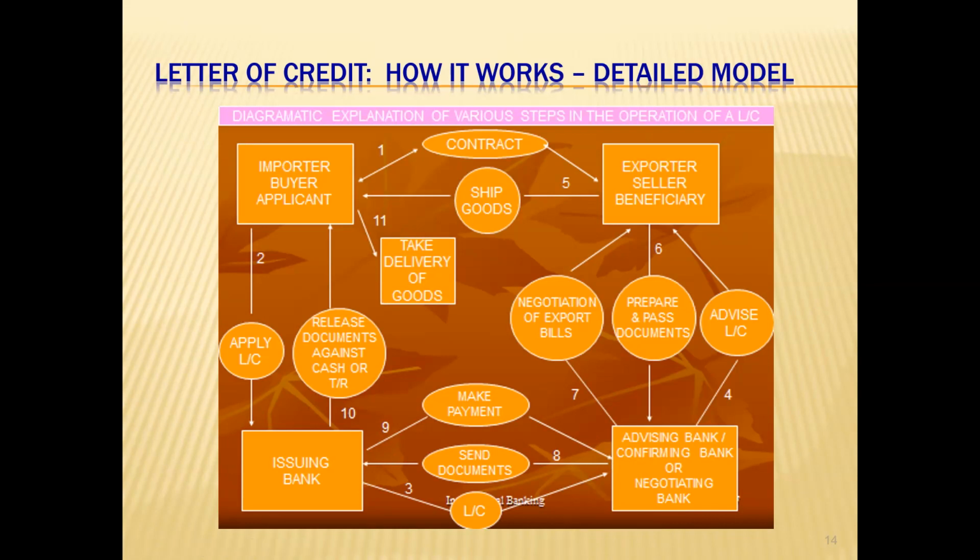So either it is paid in cash, liquidated, the letter of credit is liquidated in cash, or a wire transfer is sent. In this case, because it's international, the funds are made by transfer. Okay, and once the importer gets those documents, they can go to customs, whatever, and take delivery of their goods.